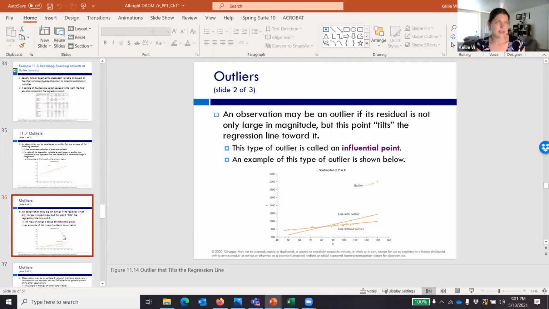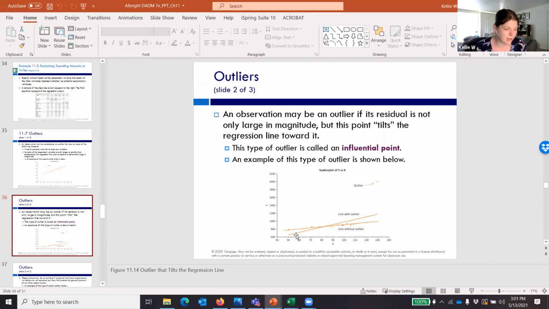It's likely an outlier if not only the residual is large in magnitude, but it affects the regression line. That type of outlier that drags the regression line up or down is called an influential point. Remember we looked at the salaries and the CEO salary was really high, so he's skewing the regression upward.